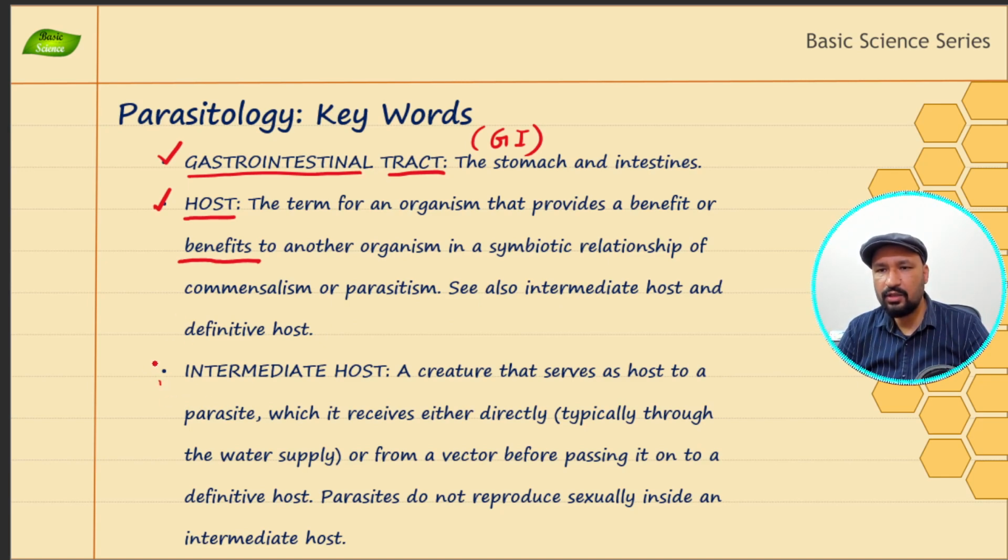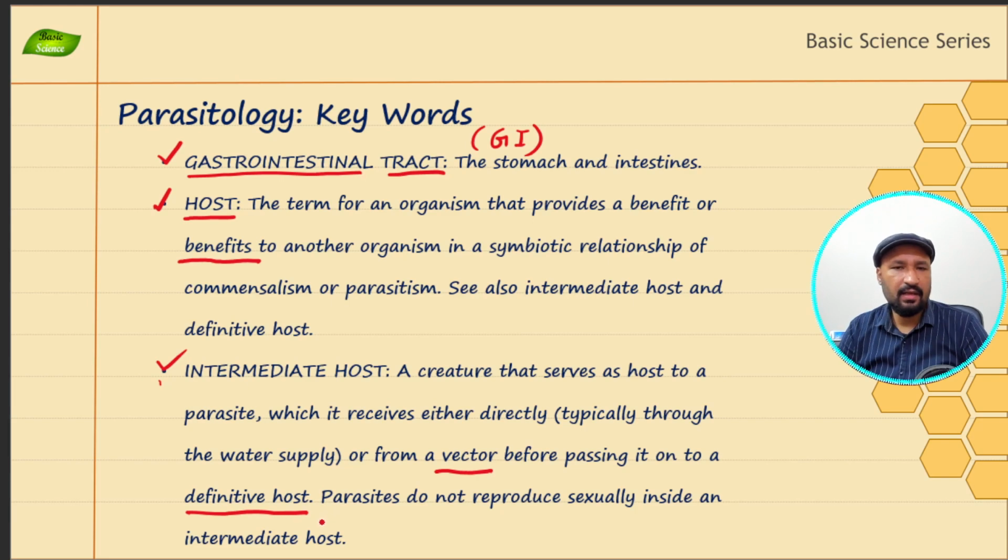We have already talked about other kinds of host. Here, intermediate host. There are two different types of hosts. One, we already talked about, the definitive host, where the reproduction will be sexual. In this case, the intermediate host is a creature or organism that serves as a host to the parasite, which receives it directly or through a vector, before passing it to the definitive host.